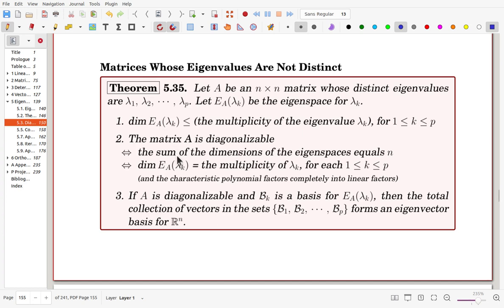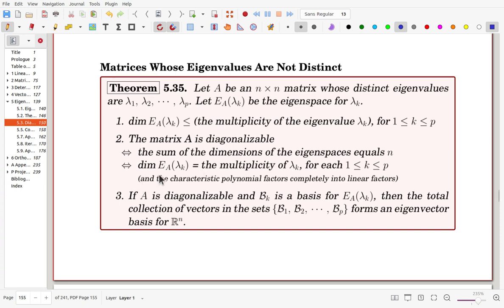That the sum of dimensions equals n is the same as diagonalization of A. If that happens, then for each eigenspace the inequality must be an equality.